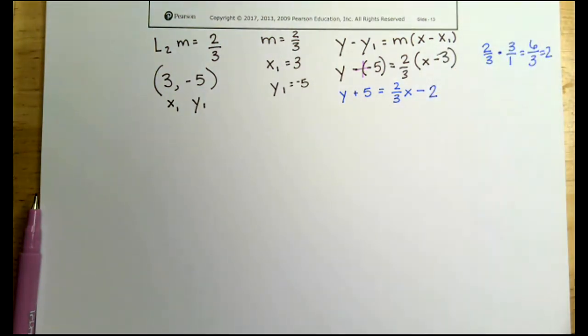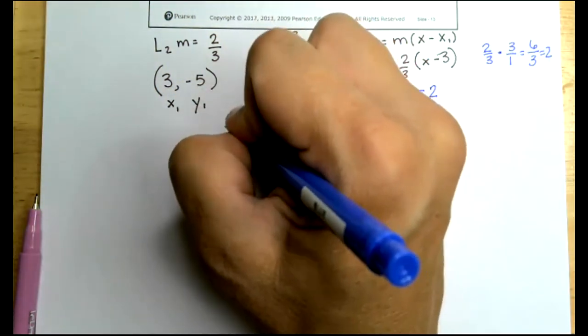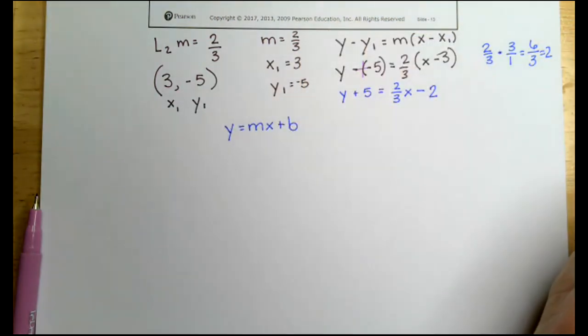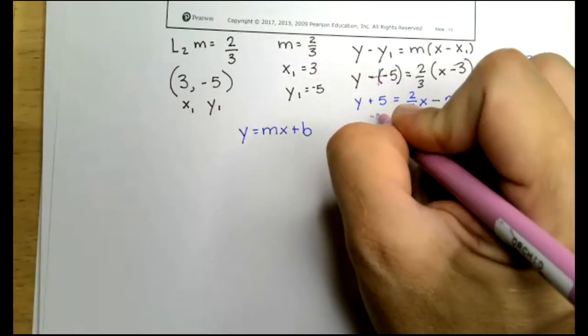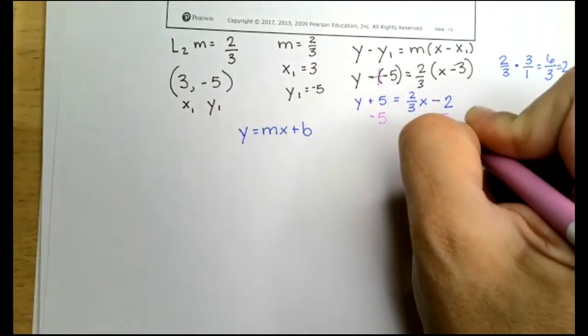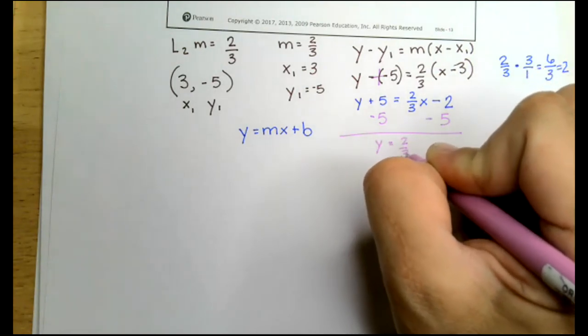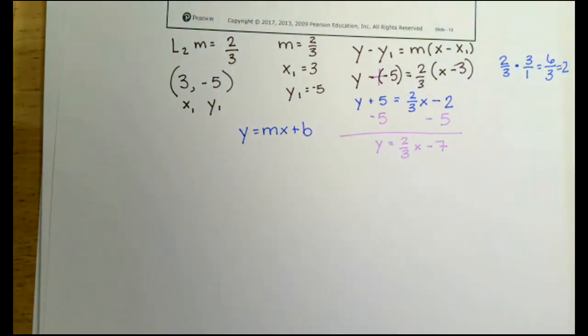Write the equation in slope-intercept form. Slope-intercept form is y equals mx plus b. Okay, so I need to move that 5. y equals 2/3 x minus 7.